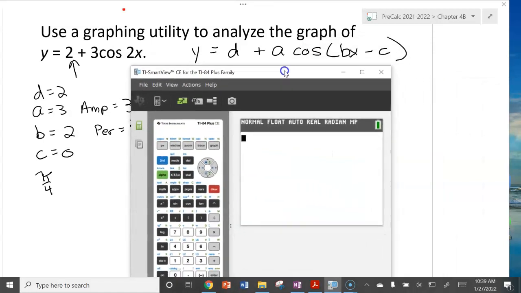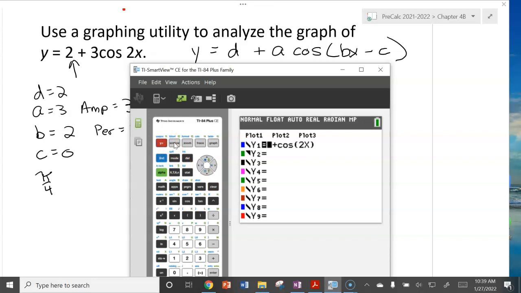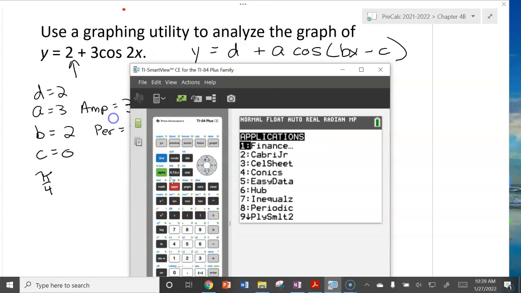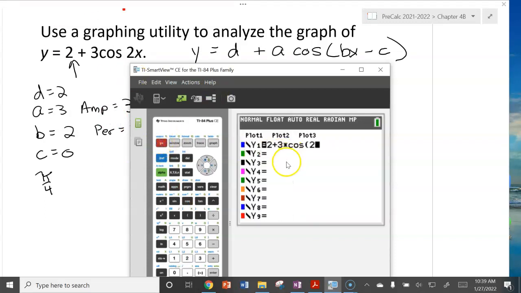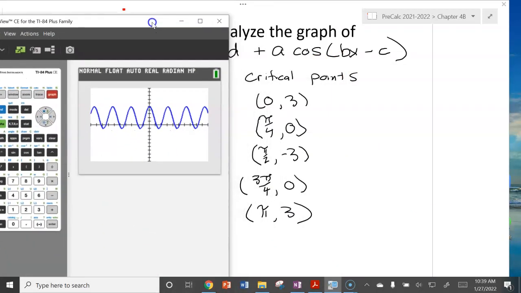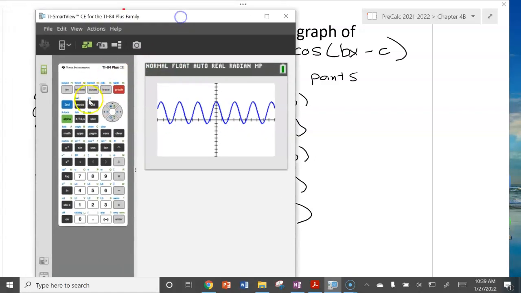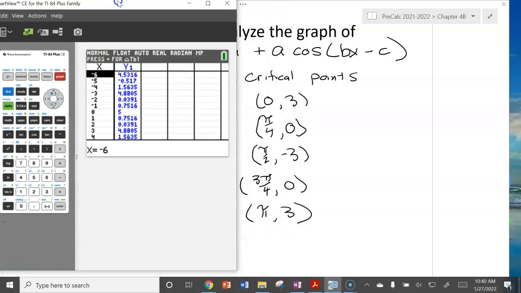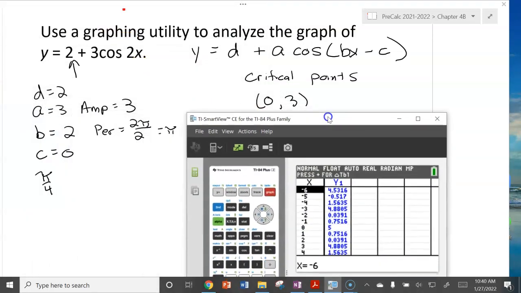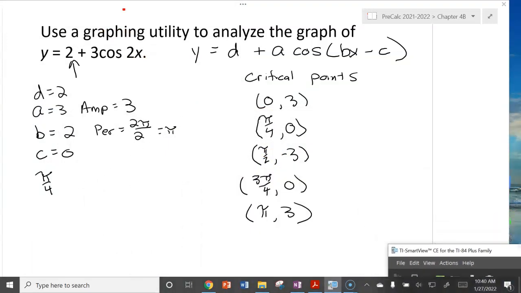So I'm going to graph 2 plus 3 times cosine of 2x. So there we go. Let's open our table.